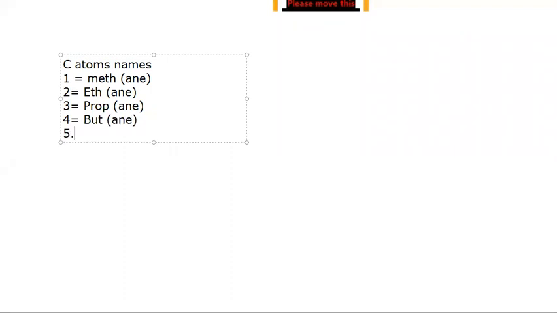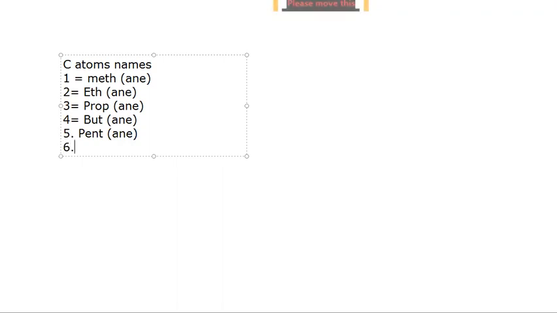Five is pent, ending with the same ane. I'm going up to 10, and these will remain the same, just the last part of the name of all these molecules will differ.